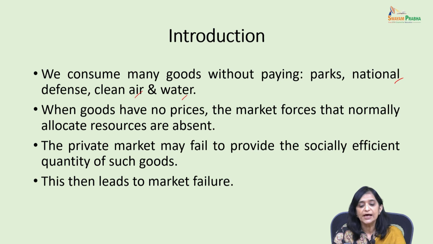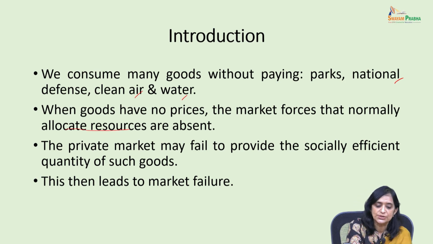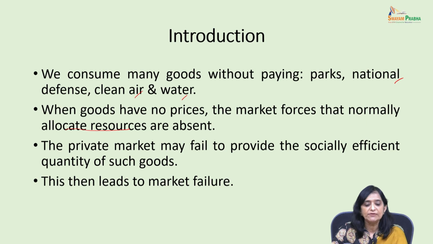When goods have no prices, market forces do not normally allocate these resources. Why? Because private individuals do not have the incentive to produce these goods, since they are not going to get a money payment for them. Hence, private markets in those cases fail to provide the socially efficient quantity of these goods.